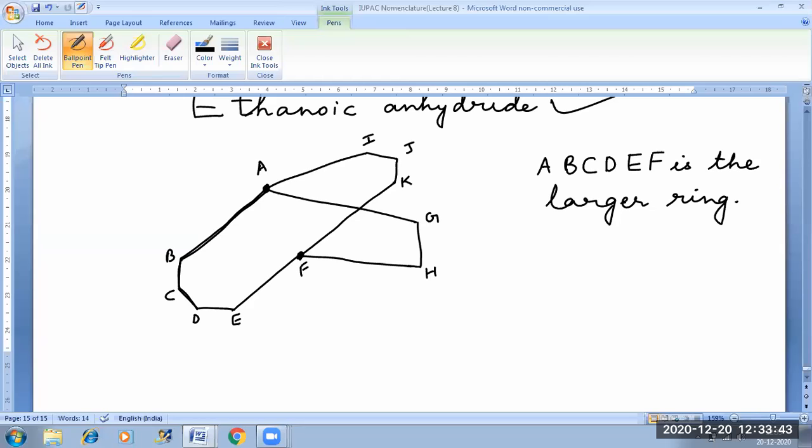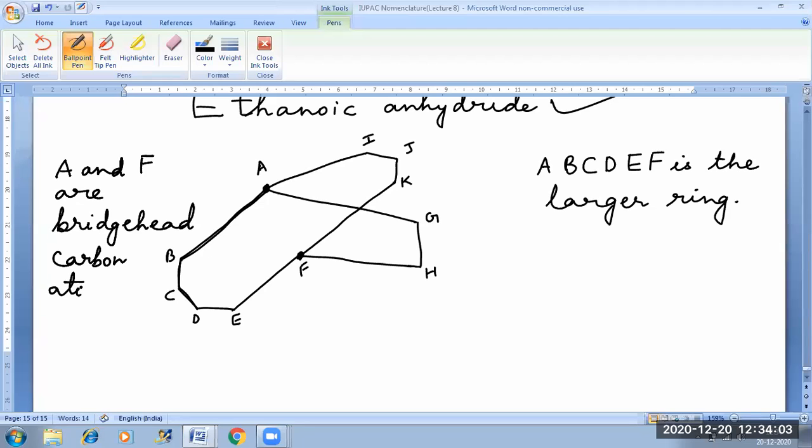A and F are bridgehead carbon atoms. Now, there are two possibilities.